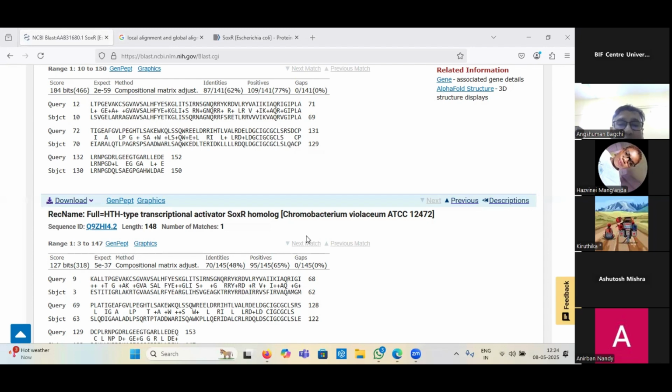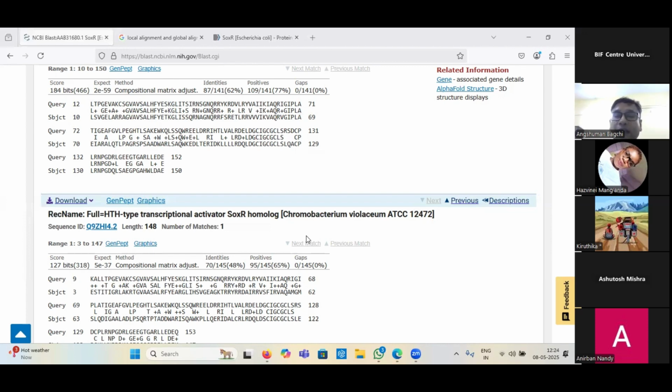Okay, and now, Krutika, on which experiment we can go for non-redundant databases? Okay, see, you can go for non-redundant databases when you have a completely unknown sequence, like you just have the sequence and no information about it. Then you should go for non-redundant databases.